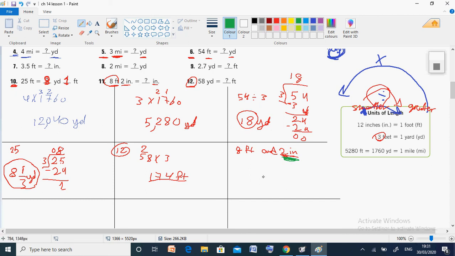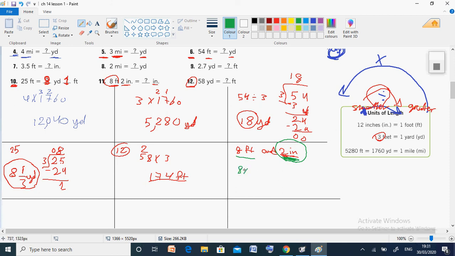Don't touch it. Okay, just take the feet to convert to inches. This is already converted. So 8 feet to inches, we have to multiply, from foot to inches. From larger to smaller we have to multiply.